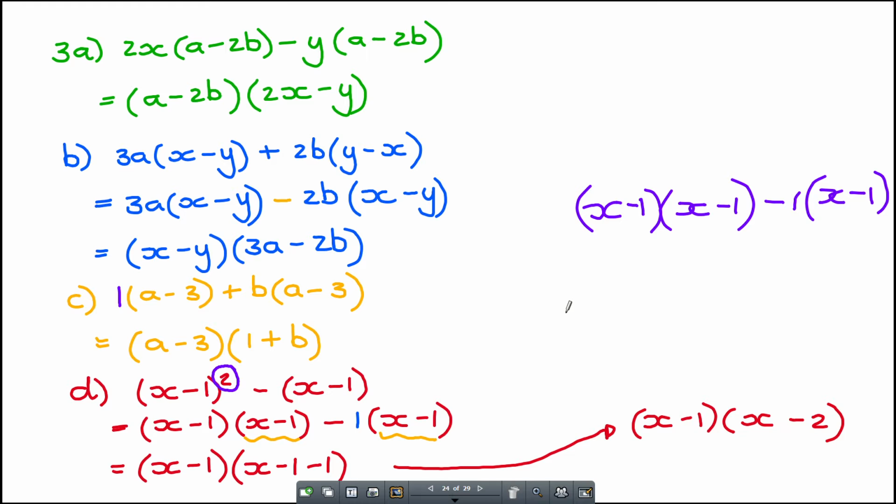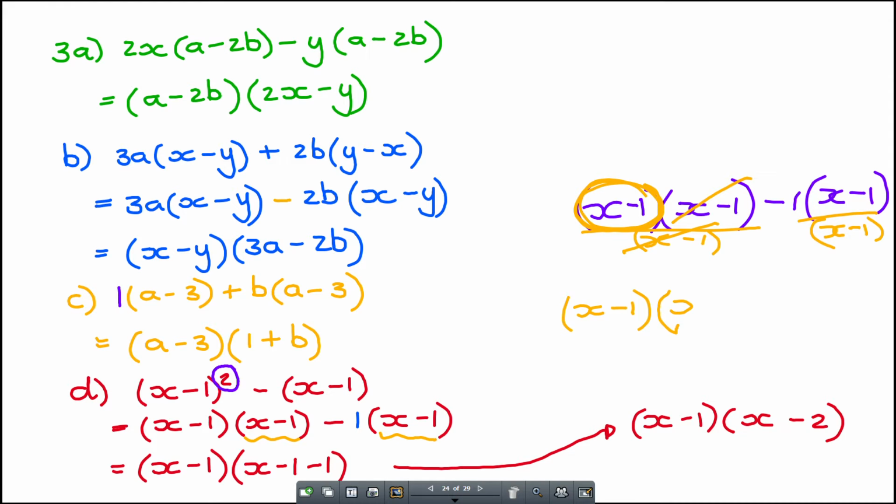We decided that x minus 1 will be the common factor. So we start a new bracket to show what's left after we take out that common factor. So let's see if I put all of them over my common factor. What's going to happen here is that one will cancel out with this one. So what's left?